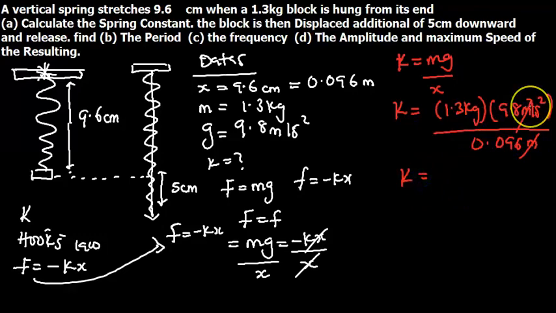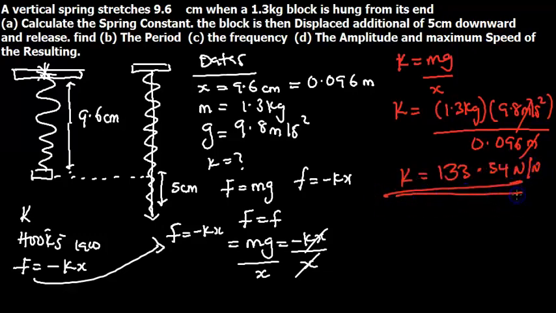If you compute everything and divide by 0.096, this is simply going to be 133.54 newtons per meter. So this is our spring constant. Find a good space and write it down, because we are going to keep using it.